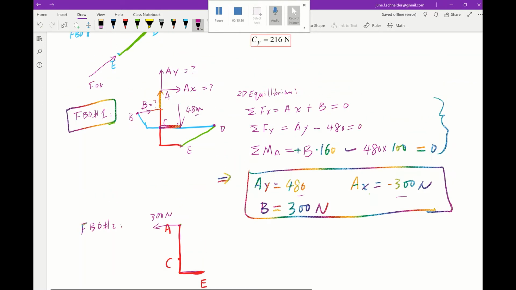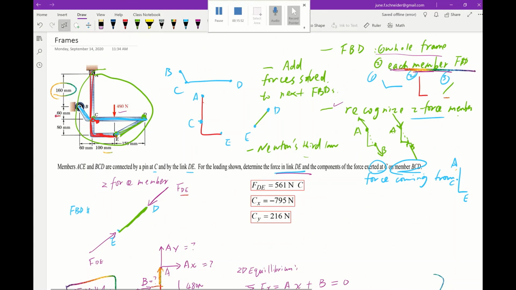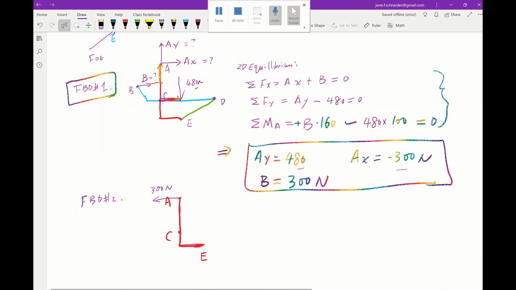So here I made a note: add forces solved and with correct direction. Okay, so that's what we just did. And we also have AY. AY we pointed up for FBD1 and we got positive, so it is indeed going up and it's 480 Newton.